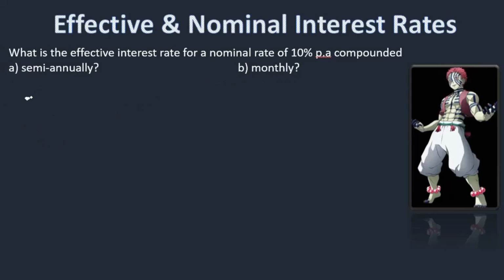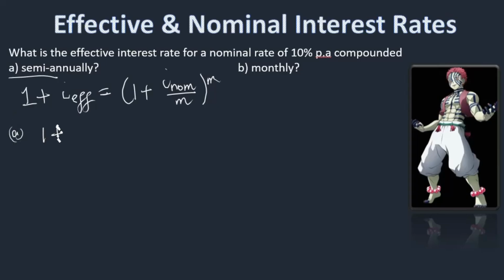Whenever I have this, you always use the formula that I gave you for converting. i EFF is equals to 1 plus i norm over m raised to m. This is what we discussed. So for me to get the effective interest rate, I'm starting with question A. 1 plus i EFF, which is what I'm looking for, is equals to 1 plus, what is my nominal rate?